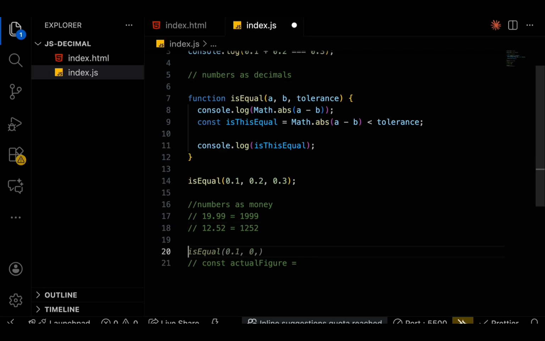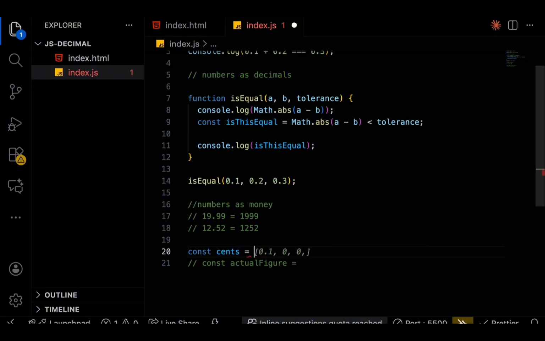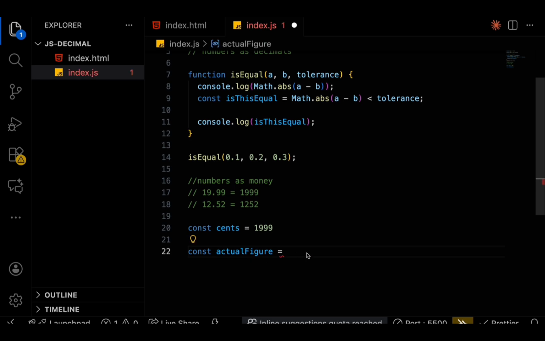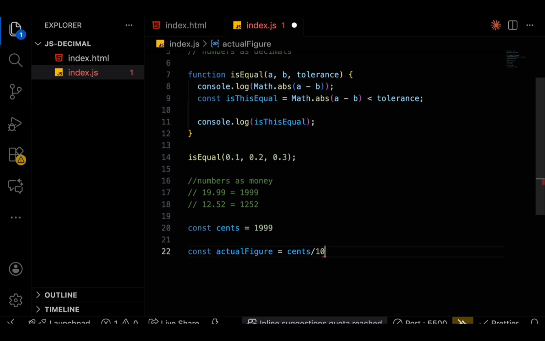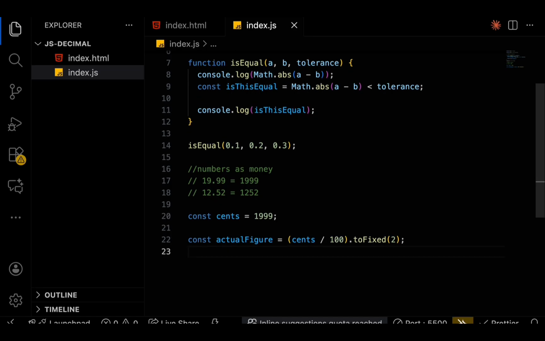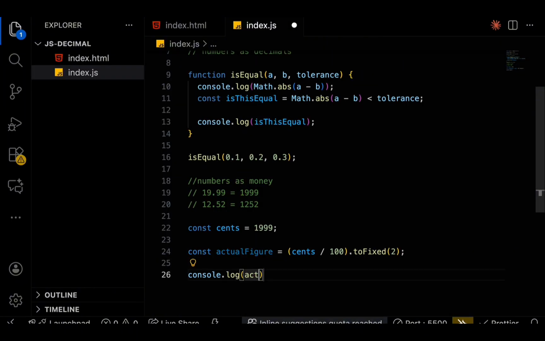So let's assume we have a const cent equal to 1999, and then the actual figure automatically becomes cents divided by 100. So we can put this in brackets dot toFixed, right, of 2, and automatically this gives us the actual figure in dollar.